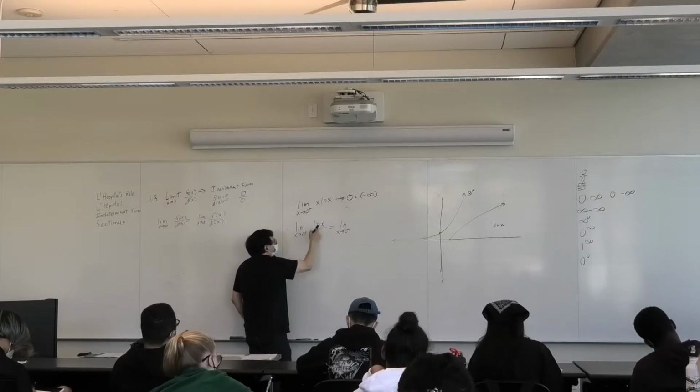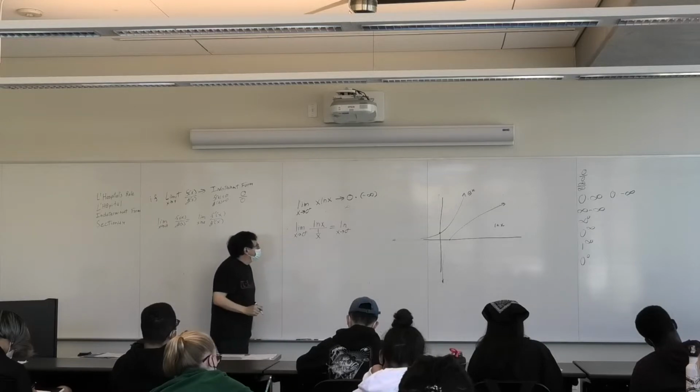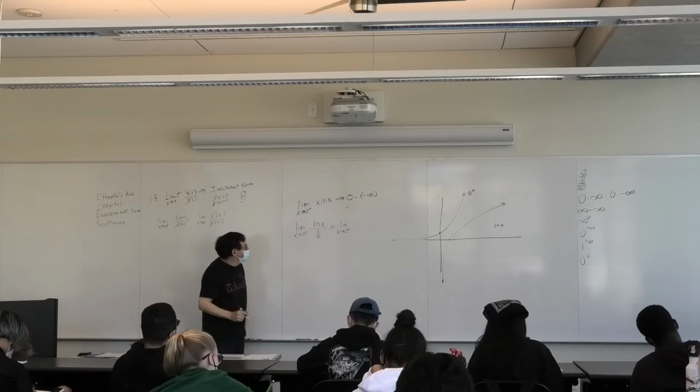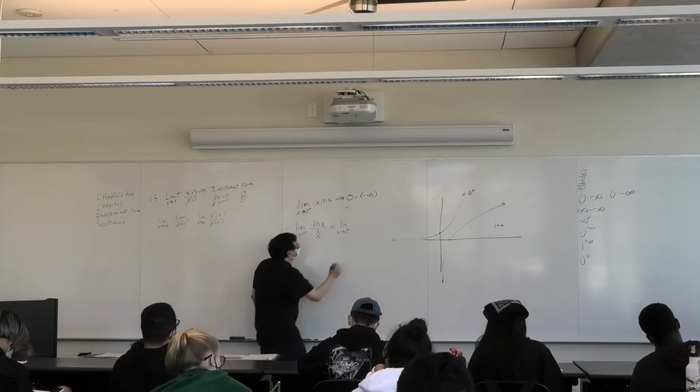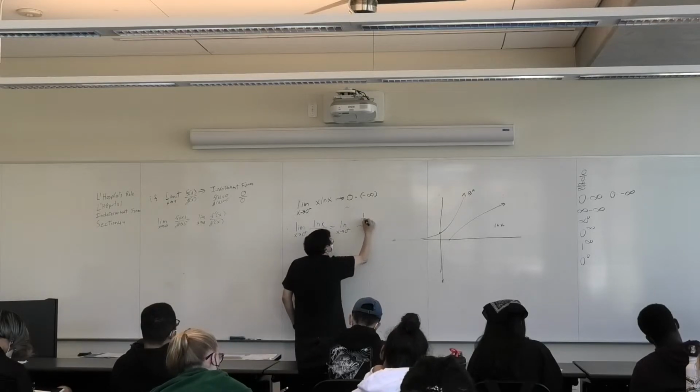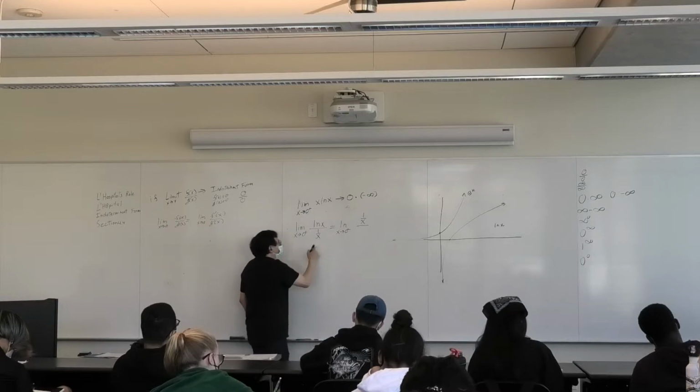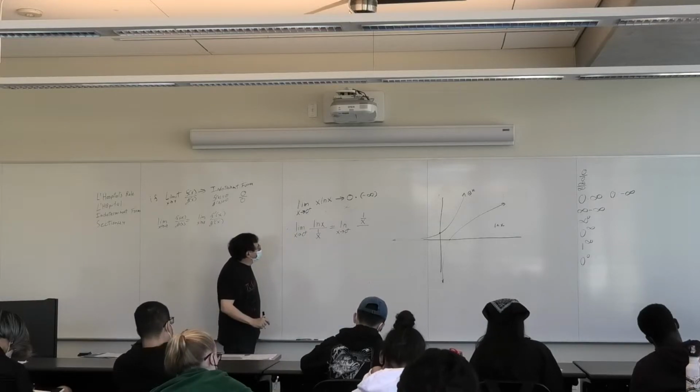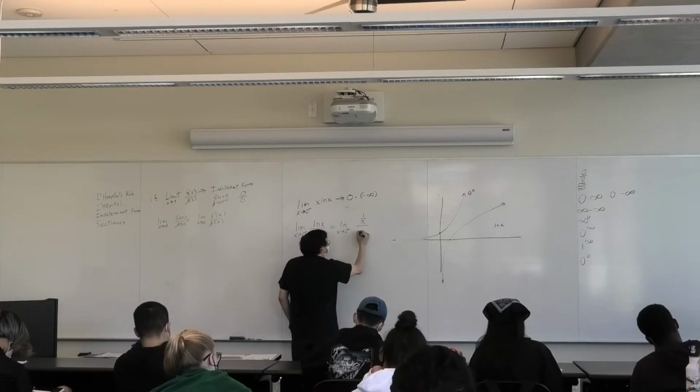Okay, the derivative of the natural log of x. Did we already see that today? Yeah, just 1 over x. And the derivative of x to the minus 1 is just minus 1 over x squared.